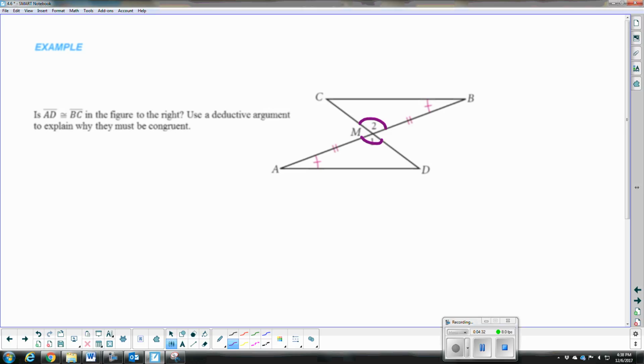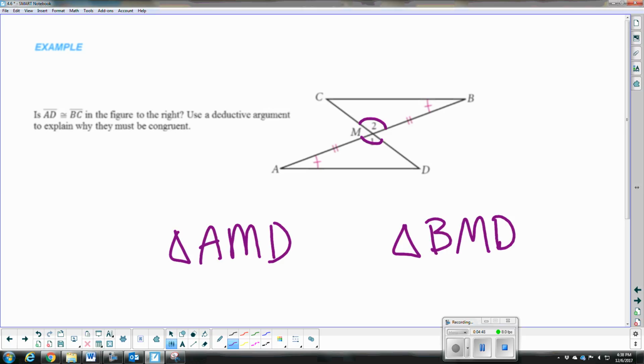So now let's look at triangle AMD and triangle BMC. When you're writing congruent triangles, you have to make sure that the corresponding parts match up. Angle A is congruent to angle B, so that's my first letter. Angle M is congruent to angle M, that's angles 1 and 2, so that's my second letter.